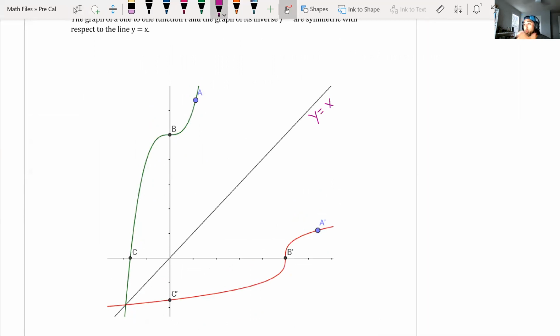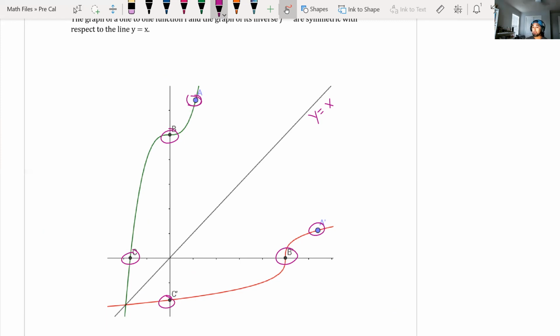And if you have true inverses, then their graphs reflect across this line. So you would have a point A, and over here it would reflect and give you A prime. Here you'd have a point B prime, and it could reflect and give you the point B. So these points are symmetric across this line. So that's how your inverses work.